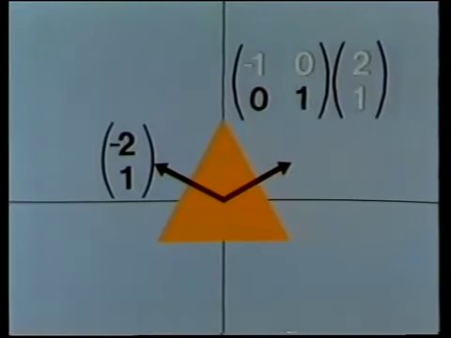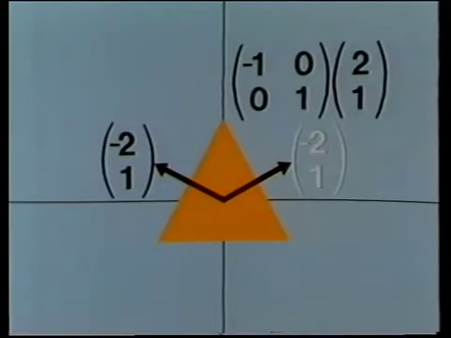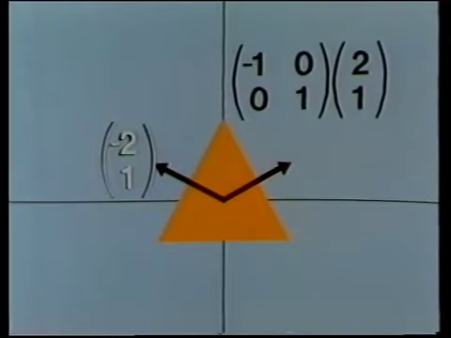Dot the first row with a vector, minus 1 times 2 plus 0 times 1. That's minus 2. And now the second row. The answer is what we'd expect. Minus 2, 1.